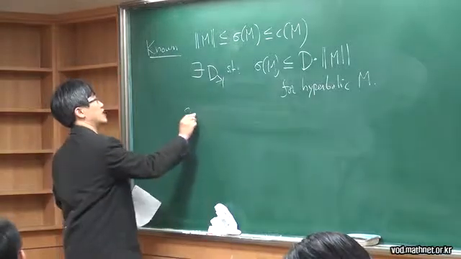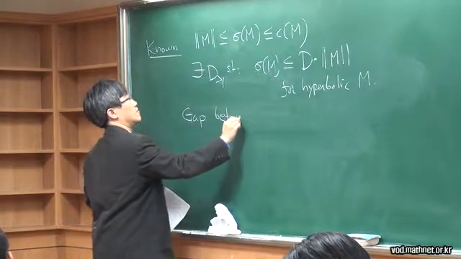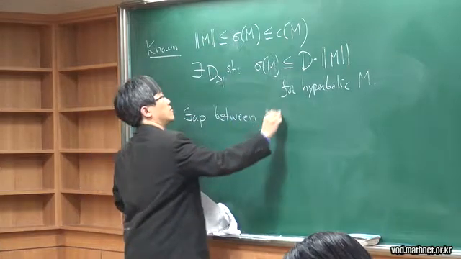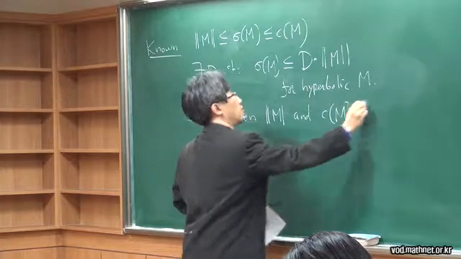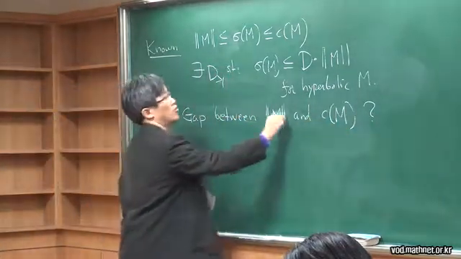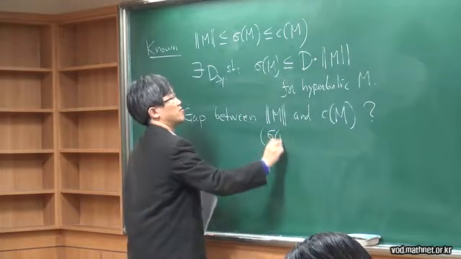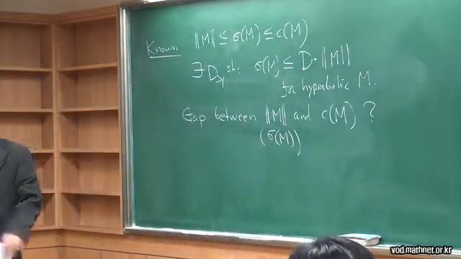So the question is whether the gap between the Gromov norm or the stable complexity and the usual complexity can be large.